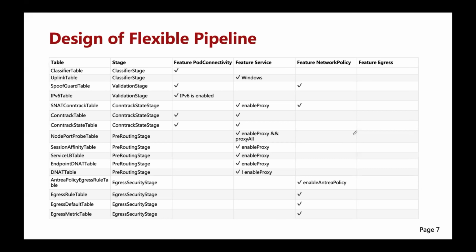I may not have gotten what you said. Sorry, I was not explaining myself correctly. I was saying once the flexible pipeline is merged into the Antrea code base, will every existing Antrea installation automatically switch to the flexible pipeline, or do we need to make some configuration changes to enable it?